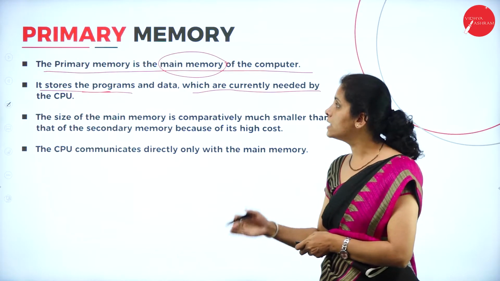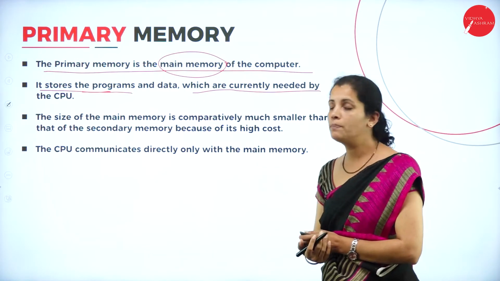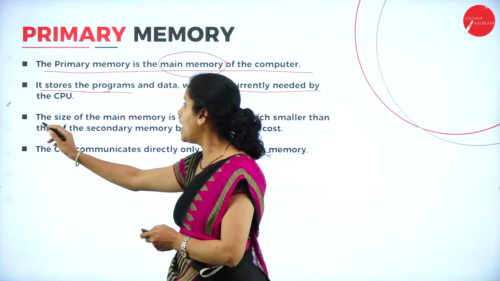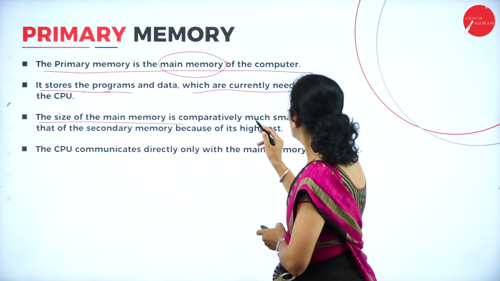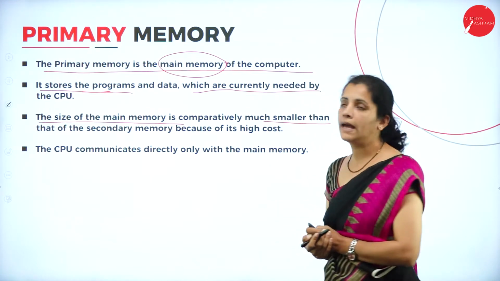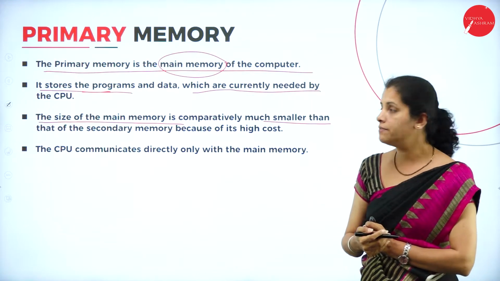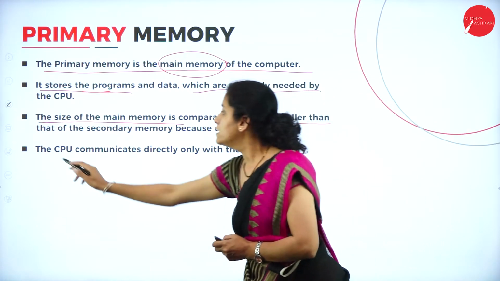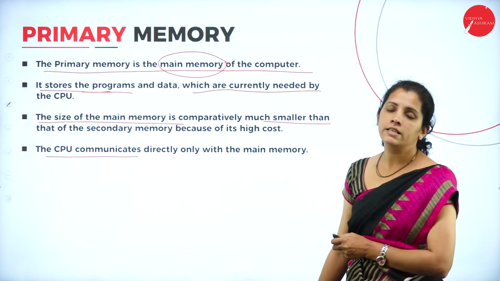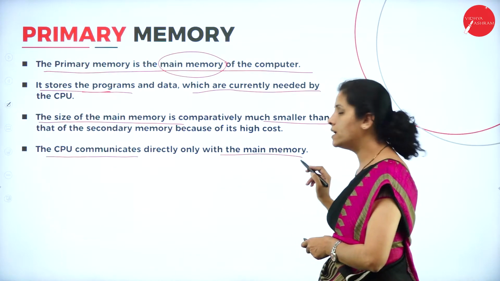Those kinds of data are stored under primary memory, and the size of the main memory is very small compared to the secondary storage device or secondary memory. So here the CPU communicates directly with the main memory.